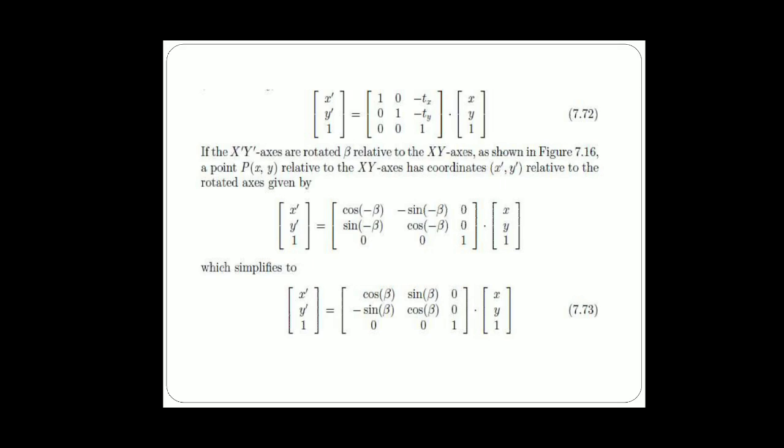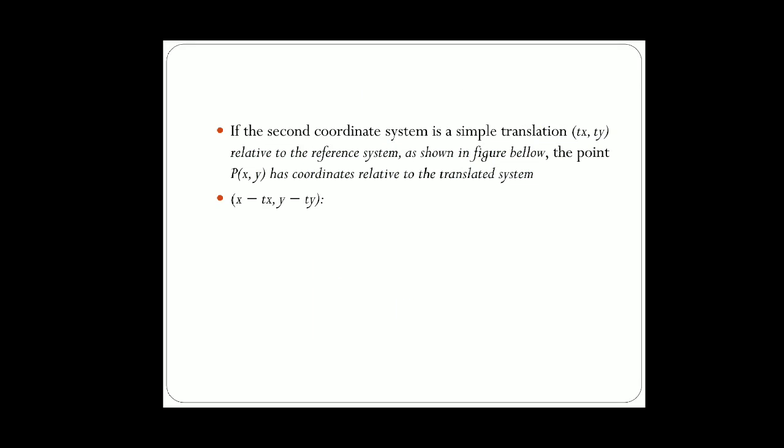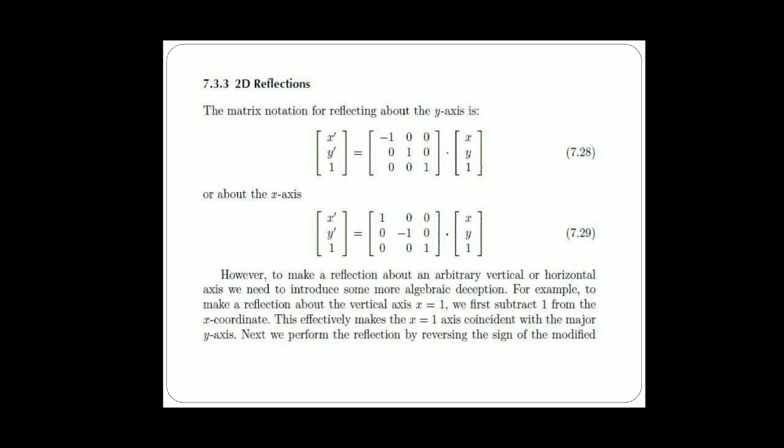This is the matrix form: [x' y' 1] = [1 0 0; 0 1 0; -tx -ty 1] into [x y 1]. Here x dash and y dash are the rotated axes, relative to the normal x and y axis, as shown in figure 7.16, the prior first one.